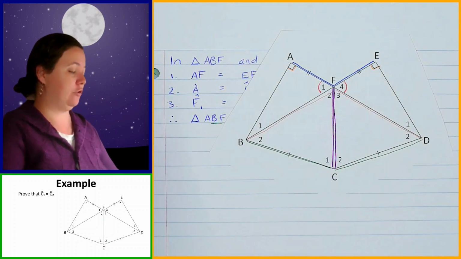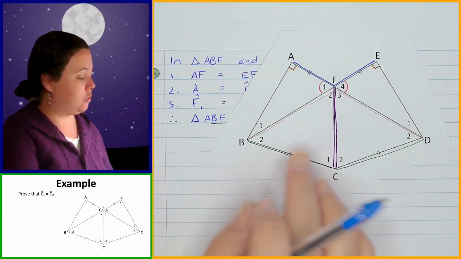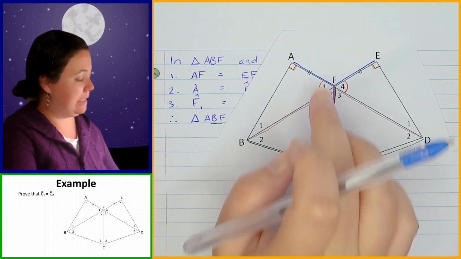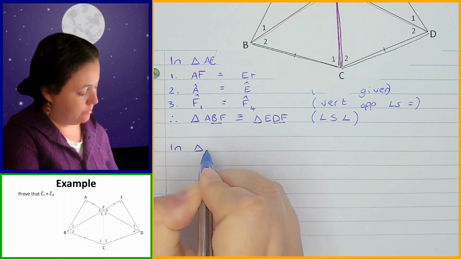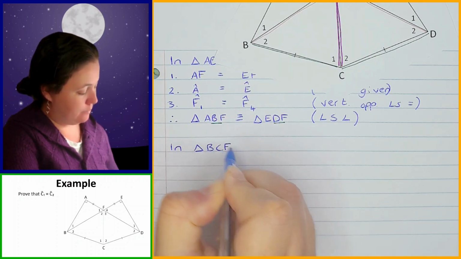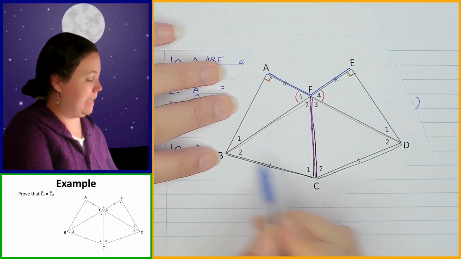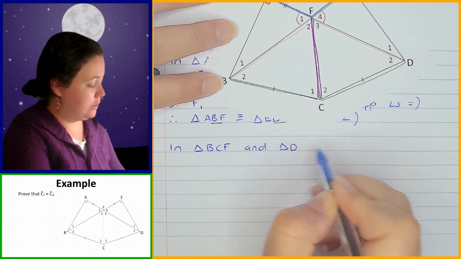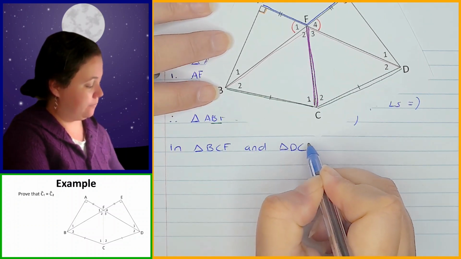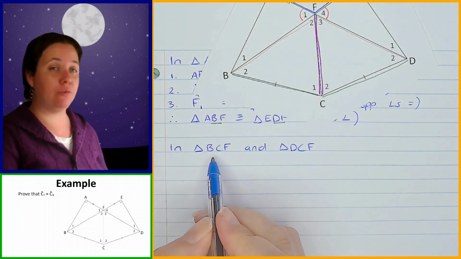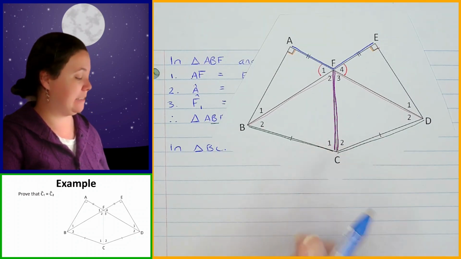Okay, so now let's go and focus on these two triangles. So now I'm going to go in triangle BCF, and triangle B matches D, so D goes first, then C matches C, and F matches F. Okay, so in triangle BCF and triangle DCF, now let's go and see what we can say is the same in these two triangles.